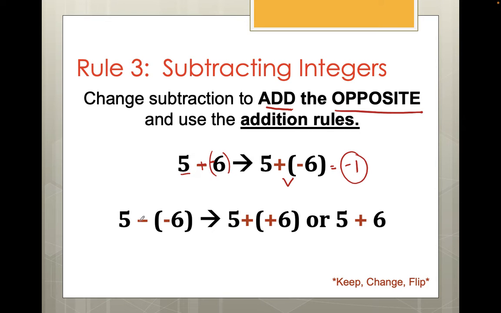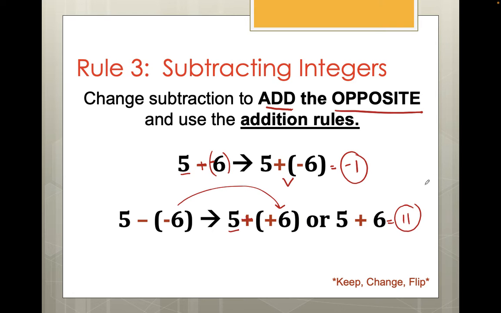The second example, 5 minus a negative 6, if you keep the first, change subtraction to addition, and flip the negative 6 to a positive 6, you end up just getting 5 plus a positive 6, which is 11.